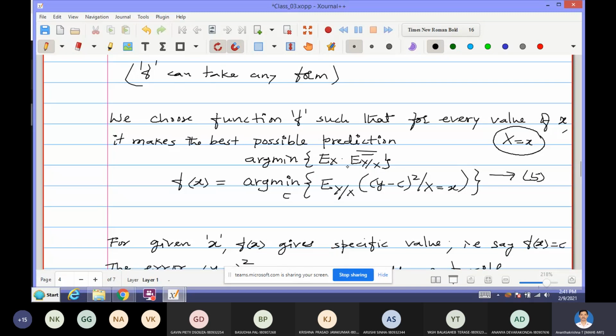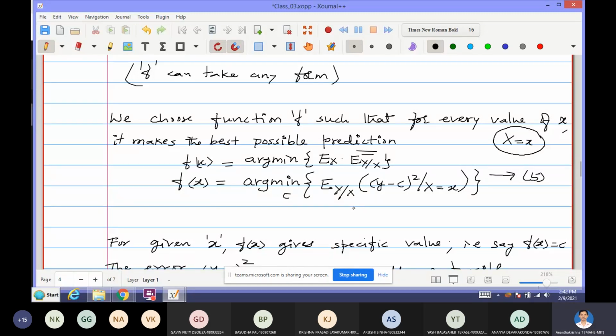But here we are considering only the expectation of y given x, because the expectation over x has no role to play when it comes to minimization; there is no condition on x. Y given x is there only for this. Therefore, this equation can be written as equation 5 given here.